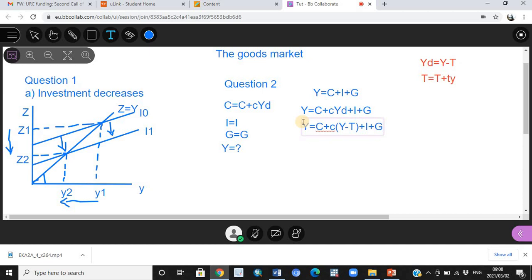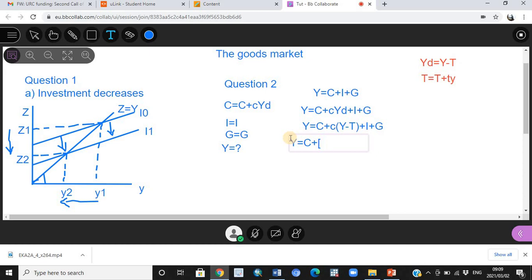So if we assume that there is another part of tax that depends on income, we have to control for it. In this case, I will again say our Y is going to be equal to C plus, I will open the square bracket.